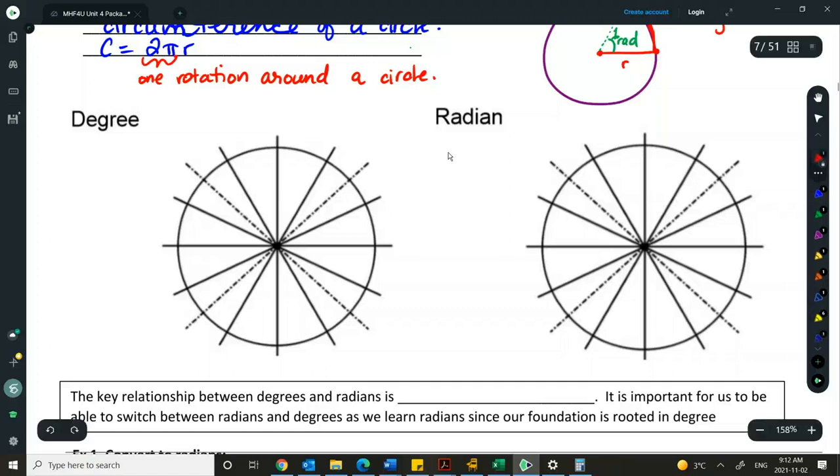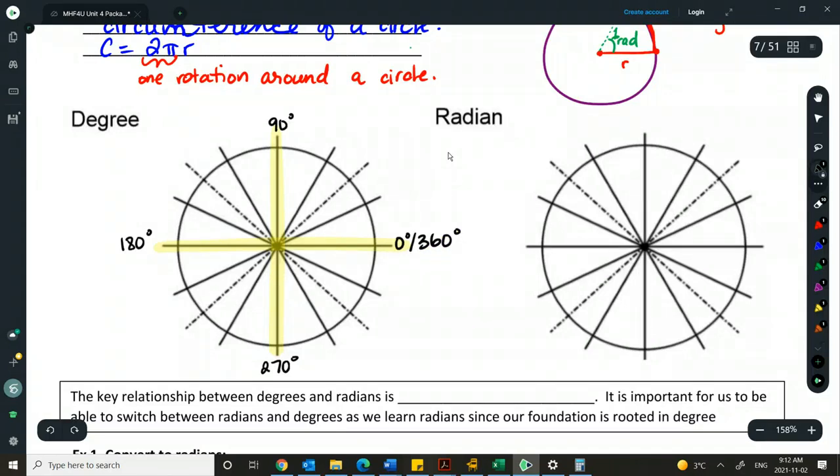So our important degrees from last year, we started with these important quadrants here, where we had 0 degrees, we had 90 degrees, we had 180, 270, and 360.